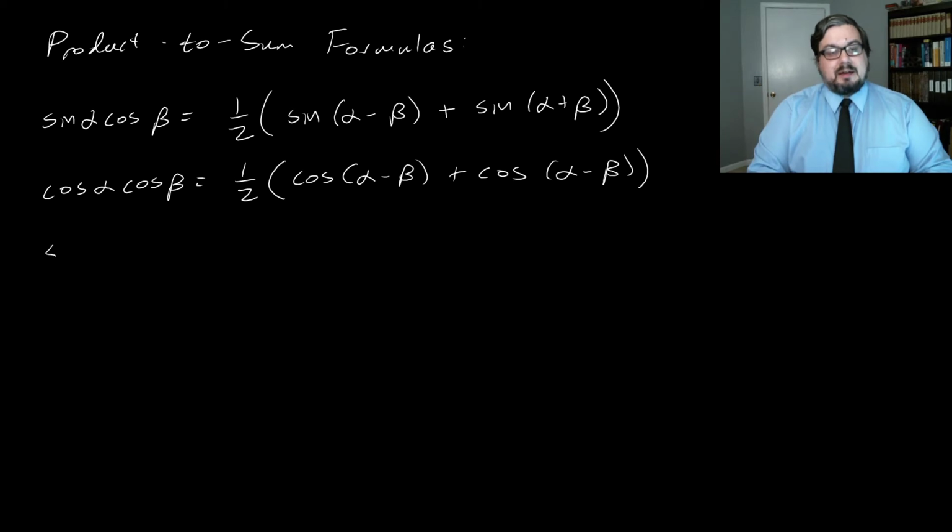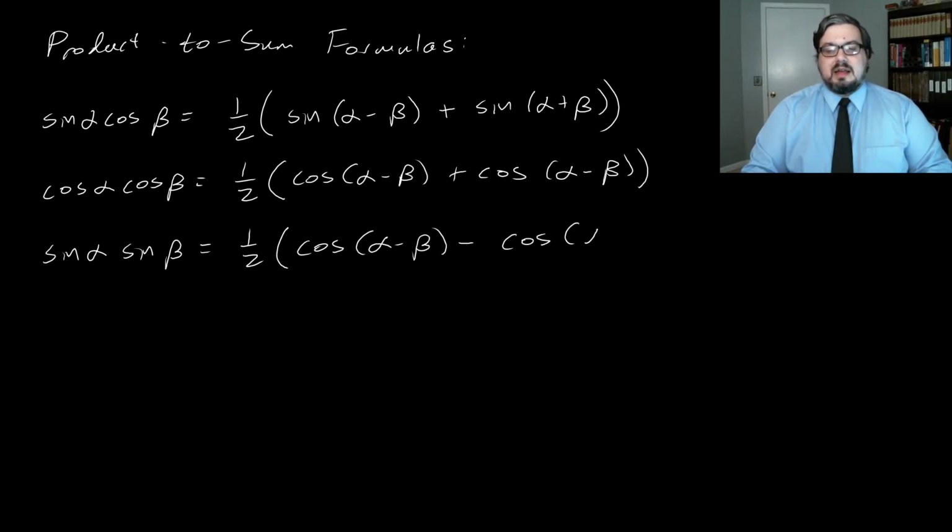And if we have a sine alpha times sine beta, this is going to be 1/2 times cosine alpha minus beta minus cosine alpha plus beta. That should have been an alpha plus beta last in the second line. Sorry about that. It's correct now.